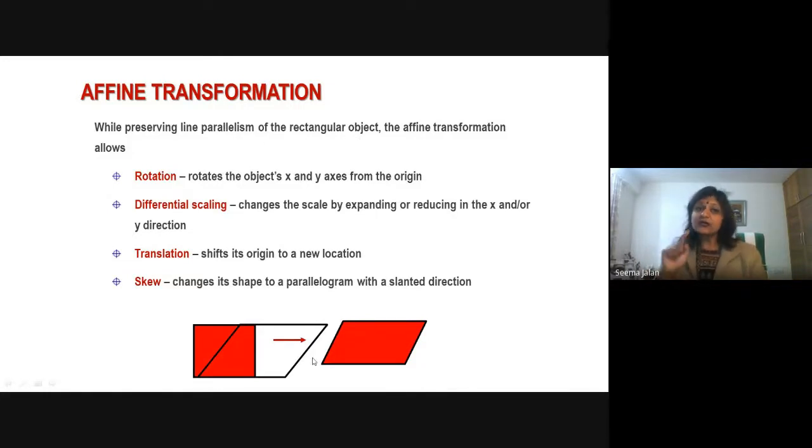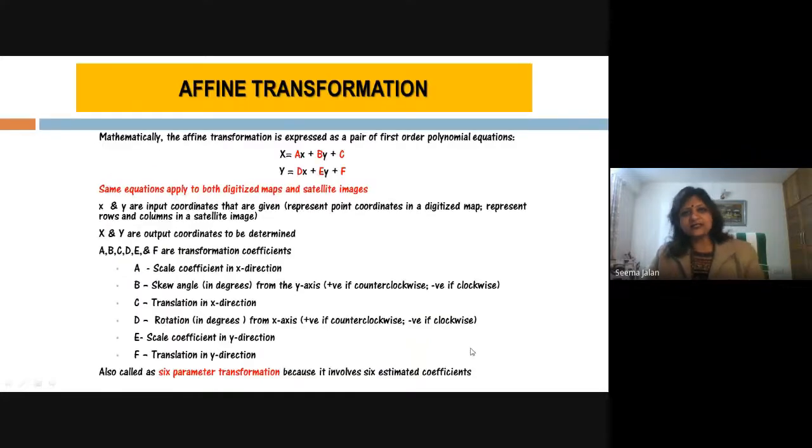It does not allow change in parallelism. Lines which are parallel in the input will be parallel in the output also. It will not allow breaking the parallelism. So it changes the shape to a parallelogram with a slanted direction. So it allows you all these 4 types of changes which are modeled by 6 types of coefficients.